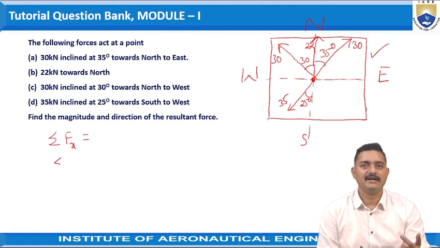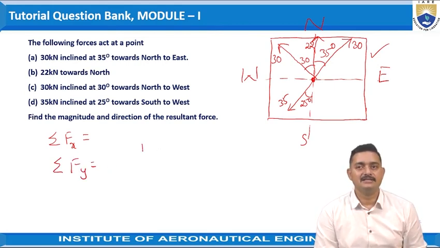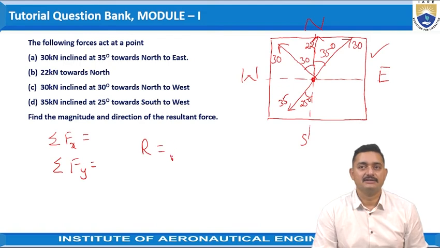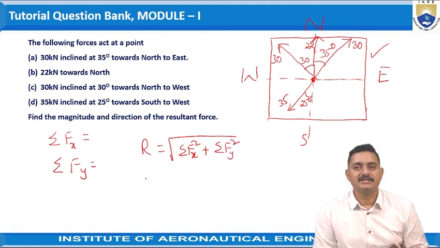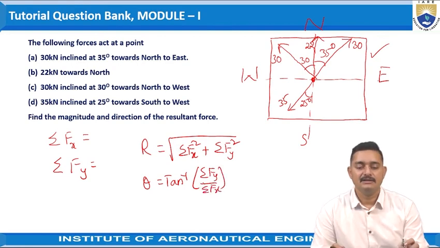Then again you can find sigma Fy. Then you can put these values in the resultant equation, R equals the square root of sigma Fx squared plus sigma Fy squared. Then the inclination can be obtained as theta equals tan inverse of sigma Fy by sigma Fx. So these are the formulae which can be used for obtaining the solution.